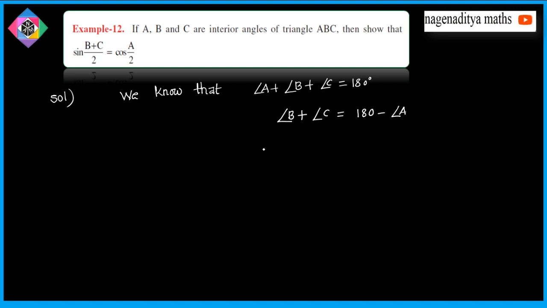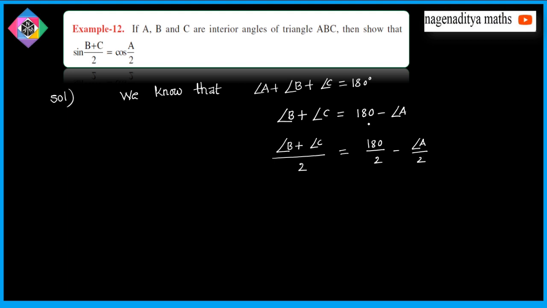So before taking that, I'm going to divide this entire equation by 2. So this is (angle B plus angle C) divided by 2 is equal to 180 by 2 minus angle A by 2.